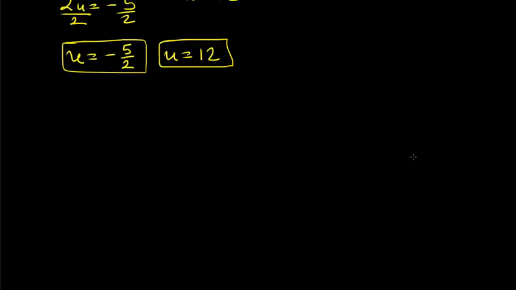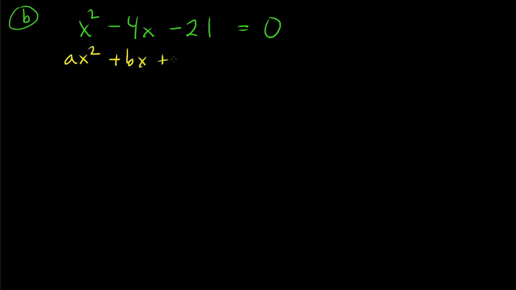Okay. Now, in part B, of course, it's not factored. So part B, we want to solve x squared minus 4x minus 21 equals 0. Okay, so you should recognize this is a quadratic equation in standard form. Right? So A is just 1, B is negative 4, and C is negative 21.